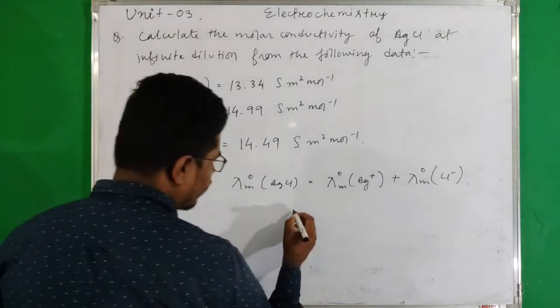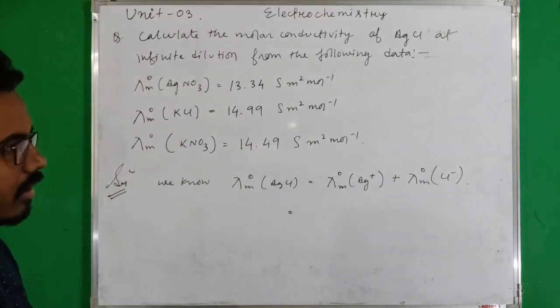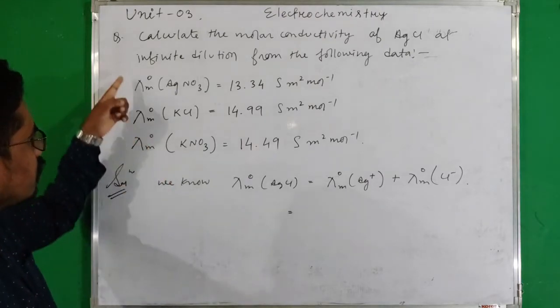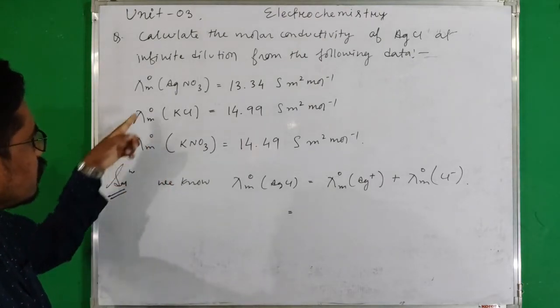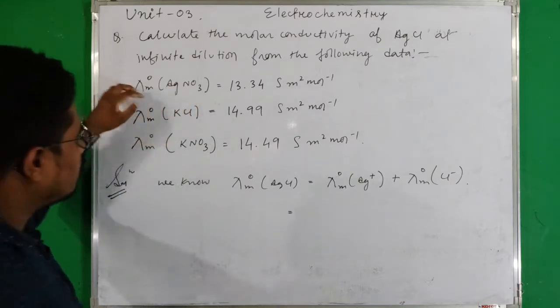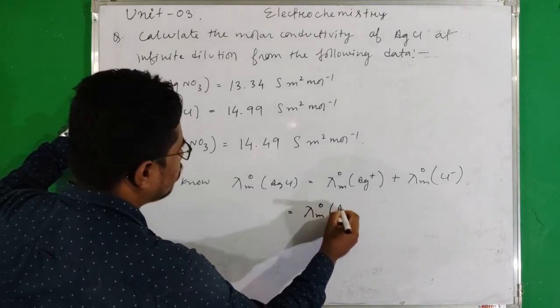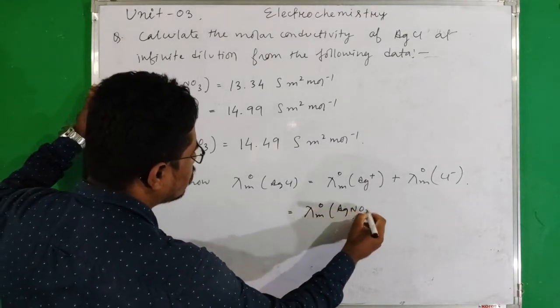Okay, now we have to find the term having an Ag positive ion. So in the given data, Ag positive is present in the first one. Okay, so we will put lambda m naught for AgNO3.